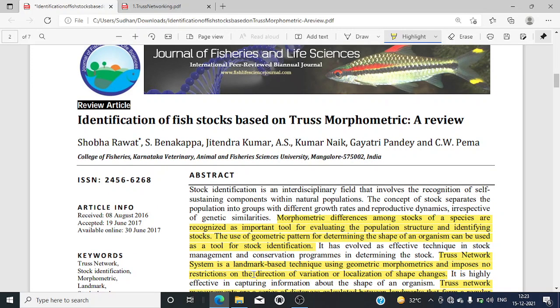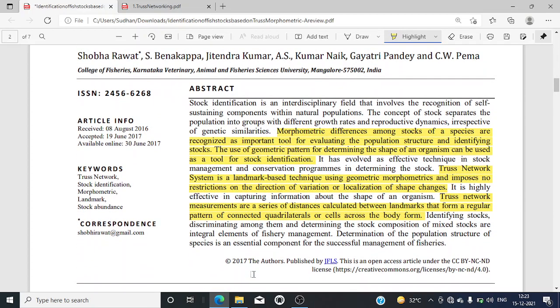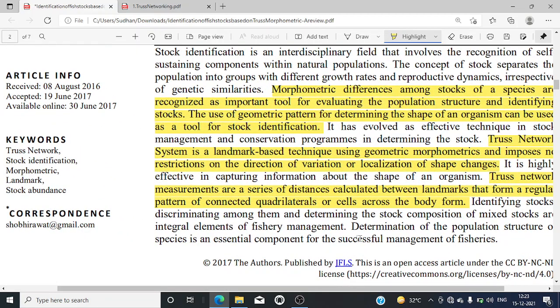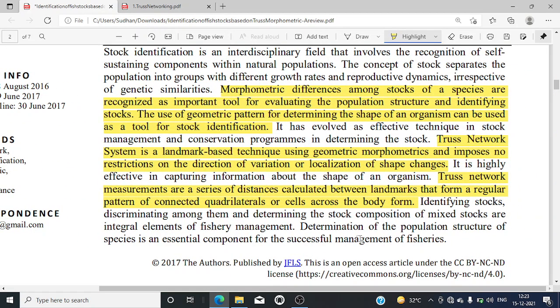Today we are just going to see about the truss morphometric importance and what is the simplest procedure for taking the truss networking in fishes. As we know, morphometric differences among the stocks of a species are recognized as an important tool for evaluating the population structure and identifying the stocks.